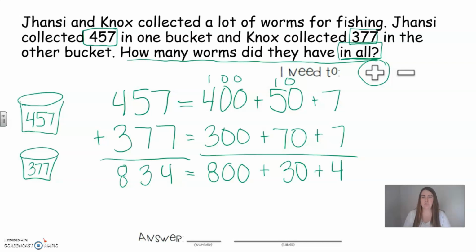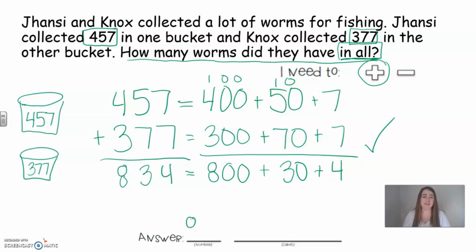So we need to do 457 because Johnsy collected 457 and Knox collected 377, and I want to know how much did they have in all. So does our answer of 834 make sense? If you were to add those two numbers up, would it be a number that's bigger? Like 834?